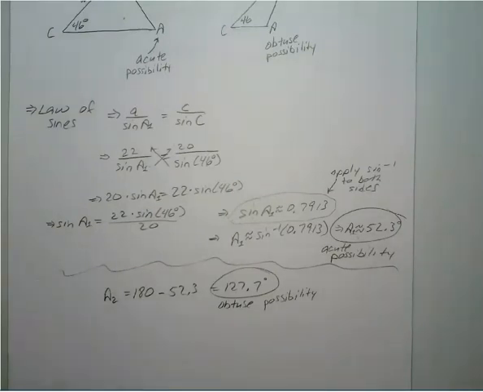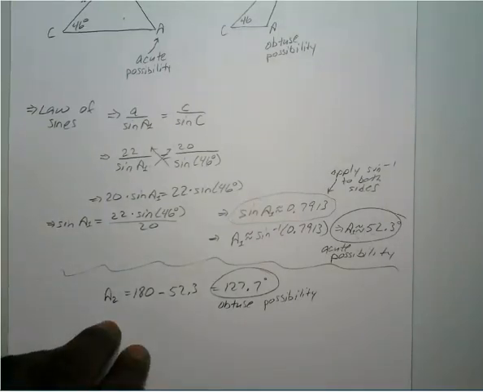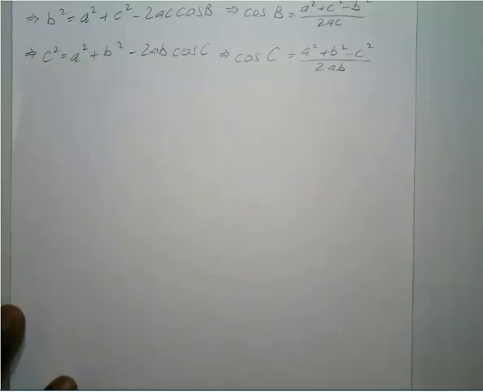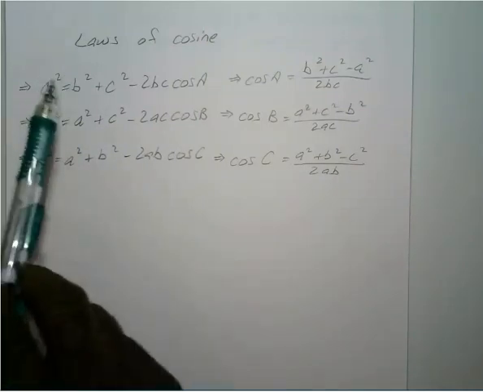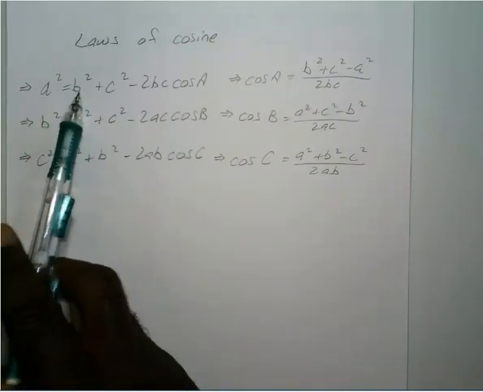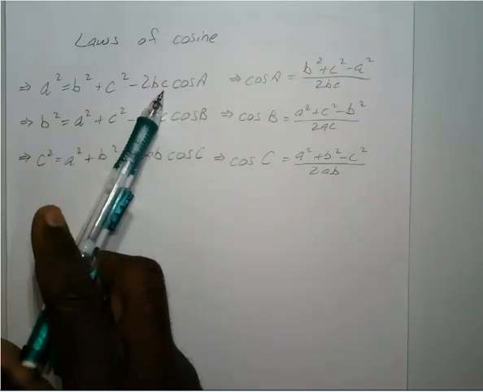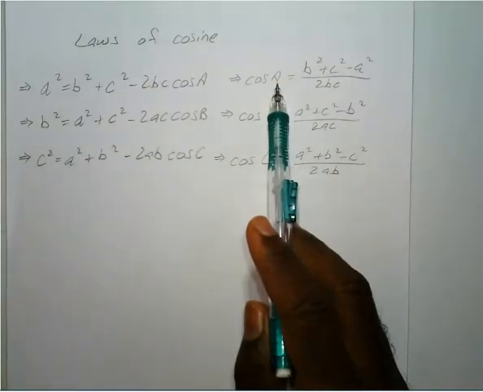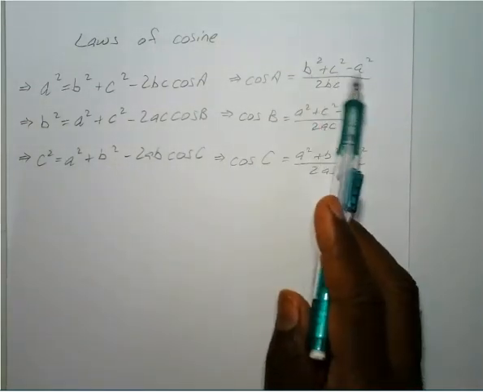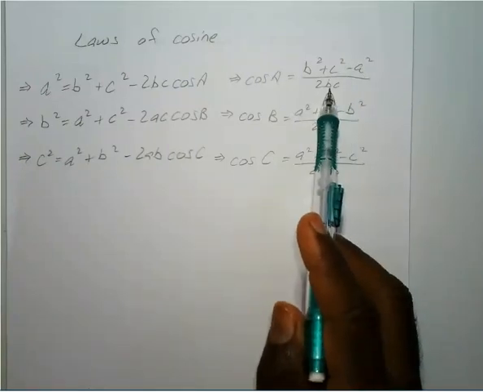All right, so again, if you're still writing, feel free to press pause and finish up, but we're going to go ahead and move on to our next page, which covers the law of cosines. So a squared is equal to b squared plus c squared minus 2bc times cosine A, or if you want to solve for cosine A, you have cosine of A equals b squared plus c squared minus a squared all over 2bc.